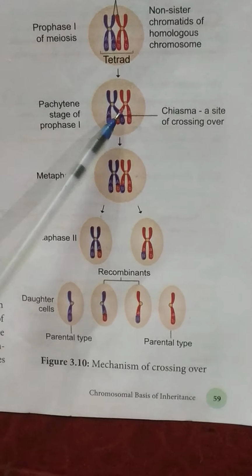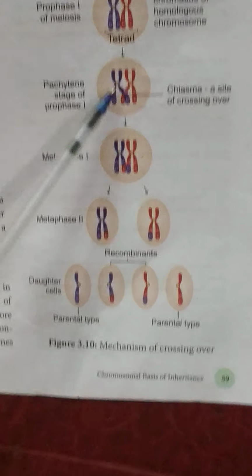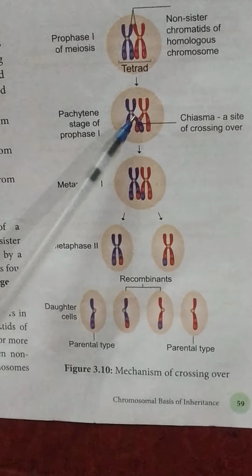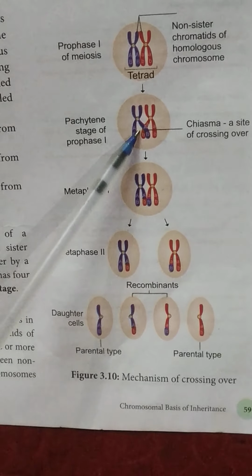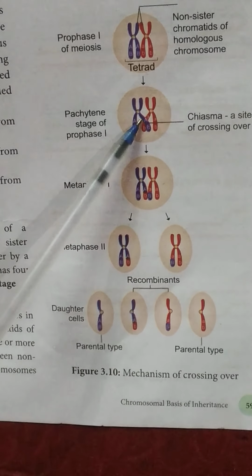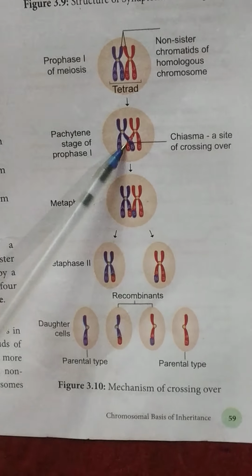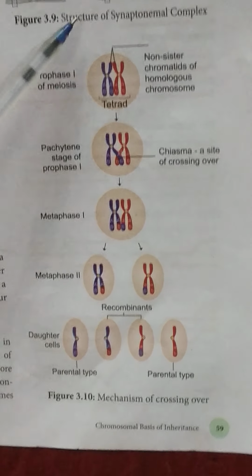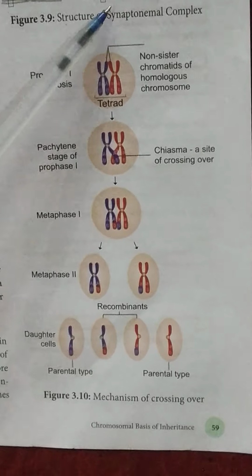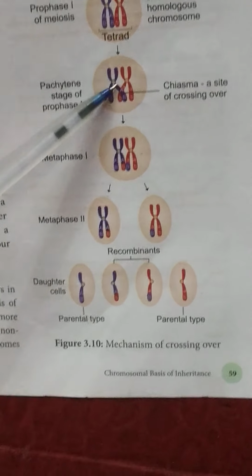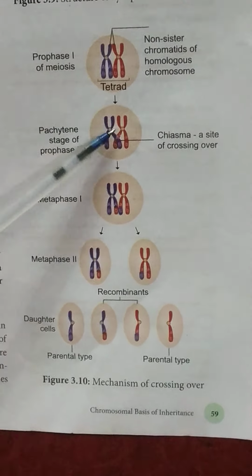This crossing over is organized by a special, highly organized structure at the chiasmata, which is called the synaptonemal complex. The synaptonemal complex helps in the formation of crossing over in the homologous chromosome. What is this complex?